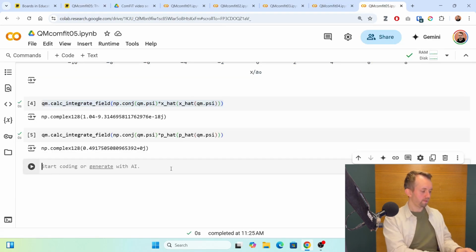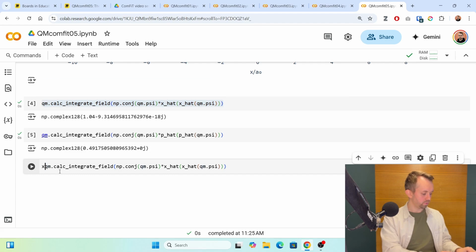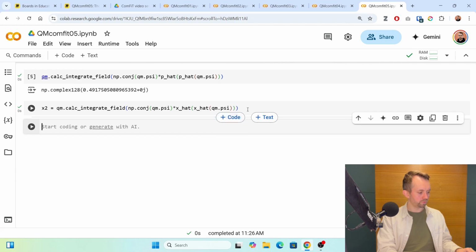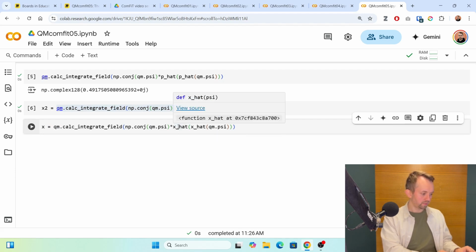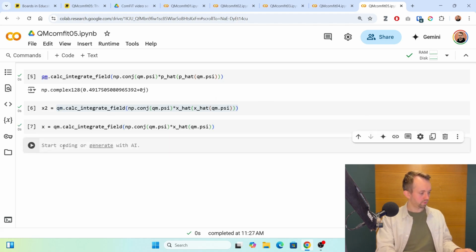We have our number here, which is the expectation value of x squared. Now I'm also going to calculate the expectation value of x, which is this, and here I'm not going to apply the operator twice, I'm just going to apply it once. So here we have that.